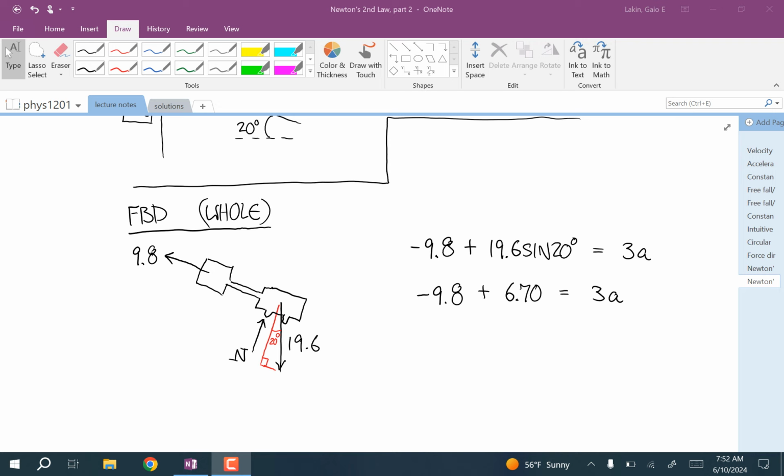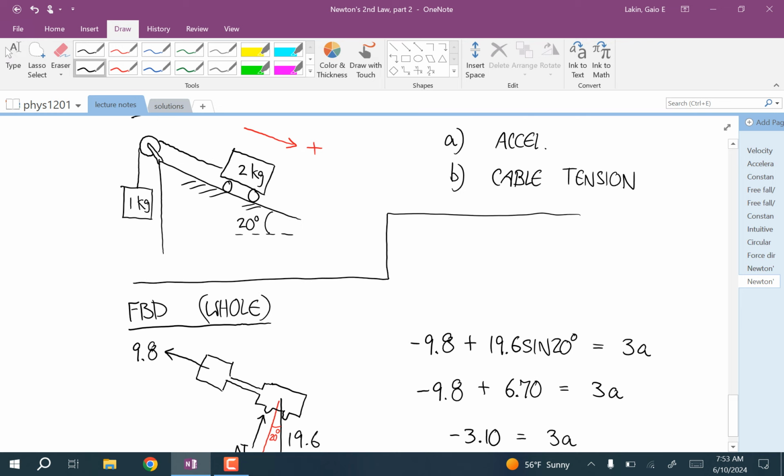So the left side comes out to a value of negative 3.10, and that's equal to 3A. And so A is equal to negative 1.03 meters per second squared.